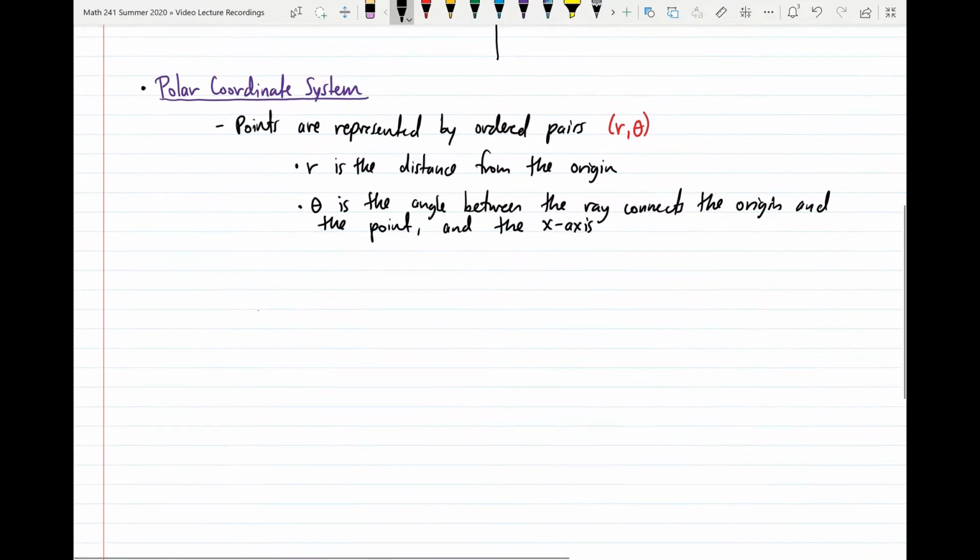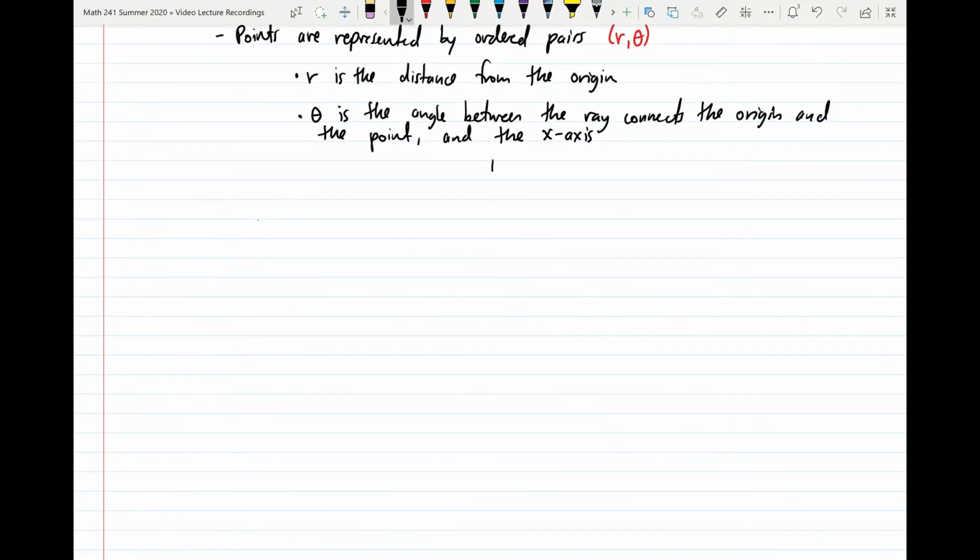Just like the Cartesian coordinates, I'm going to draw a quick picture here. Let's say I'm given the coordinates (2, pi over 4). Then to plot this point, you can think about starting at the origin and immediately rotating pi over 4 radians counterclockwise.